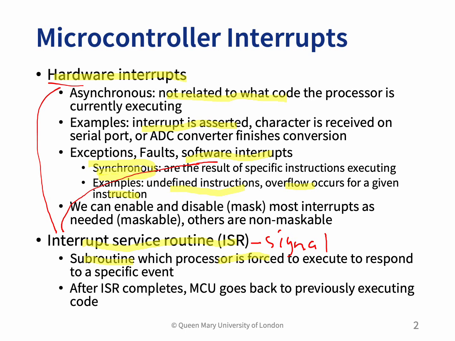For example, we have the exception numbers, and also what you have learned for the EXC return, whether you'll be returned back to thread mode or handler mode. The interrupts can be either hardware or software interrupts. Finally, after the ISR completes, the microcontroller will go back to the previously executing code, so it will run back to the thread mode.